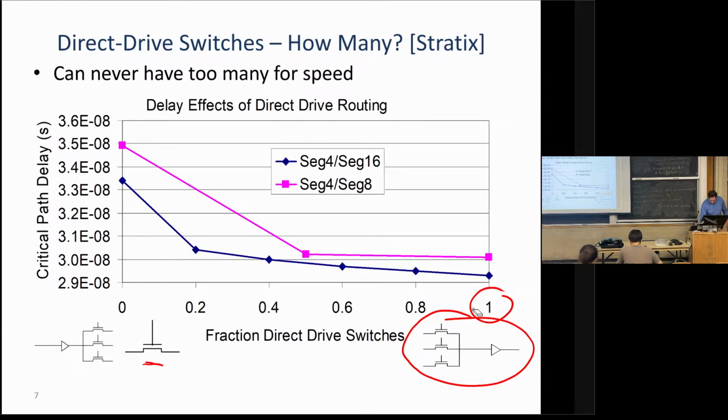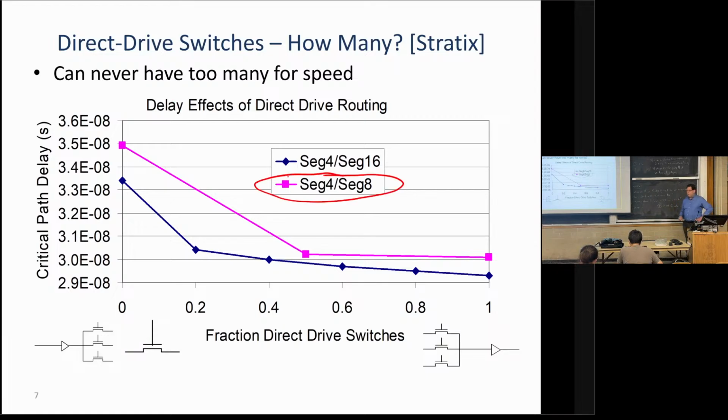Okay, so what do we see from this? It matches what Lemieux and Lewis found, but it's presented in a different way. So for speed, the 2 curves are for 2 different routing architectures. One of them uses a mix of length 4 wires and length 8 wires, so mostly length 4, where you go 4 logic blocks, and then you have to go through one of these routing switches to keep going, but there are some that are length 8.